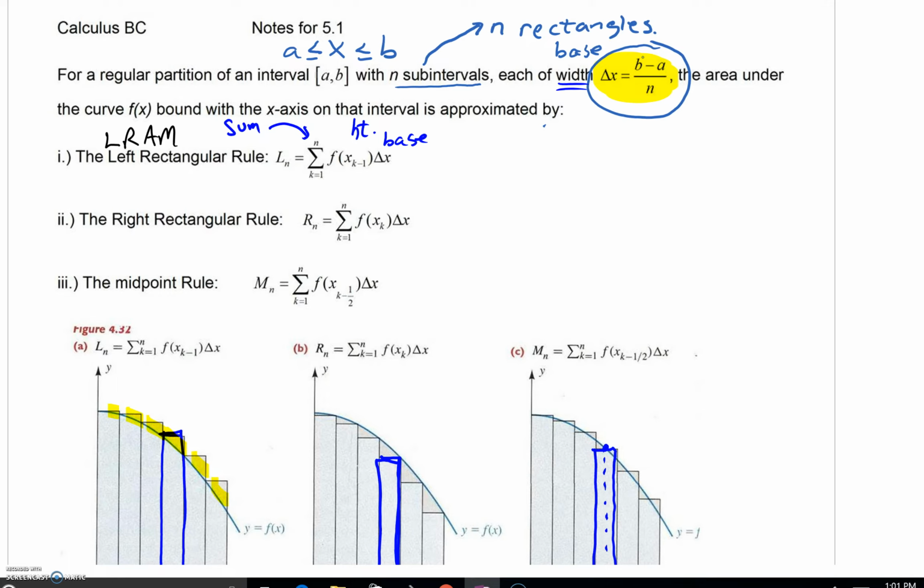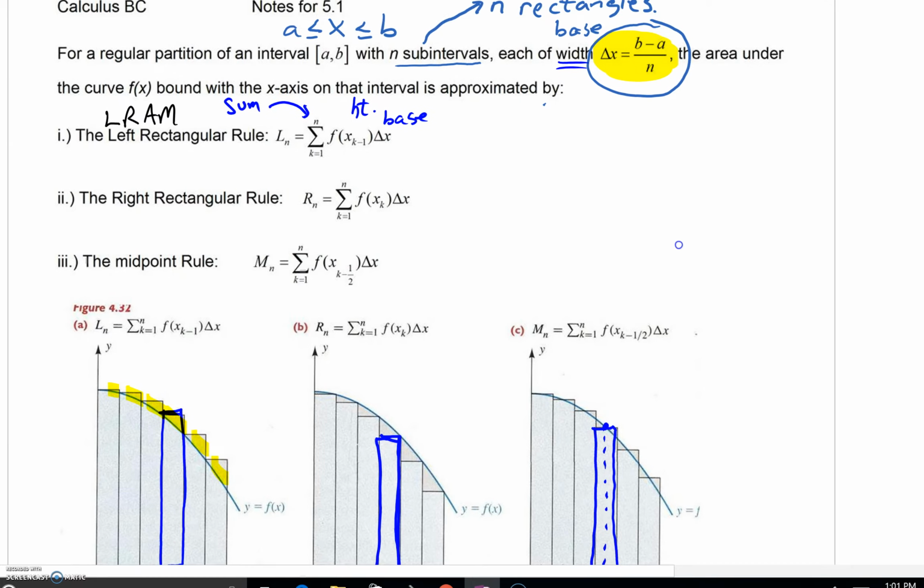That's the length of the interval, divided by the number of rectangles that you'd like to have. And I hope that makes perfect sense. Whatever b minus a is, that's the length of that interval. And now I'd like to build n rectangles with the same width. Well, I'll just divide by n and I'll have the same base every time.